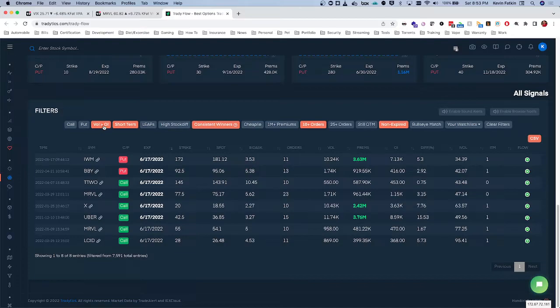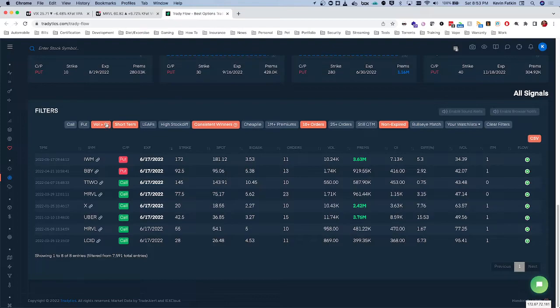Now if you see volume exceeding that, it means that particular options chain is very popular. It means more people are buying and selling it than it actually had open going into the day, which means chances are it's also going to be opening more contracts on that chain. And it typically makes it a good day trading options chain, which is what I'm looking for here.